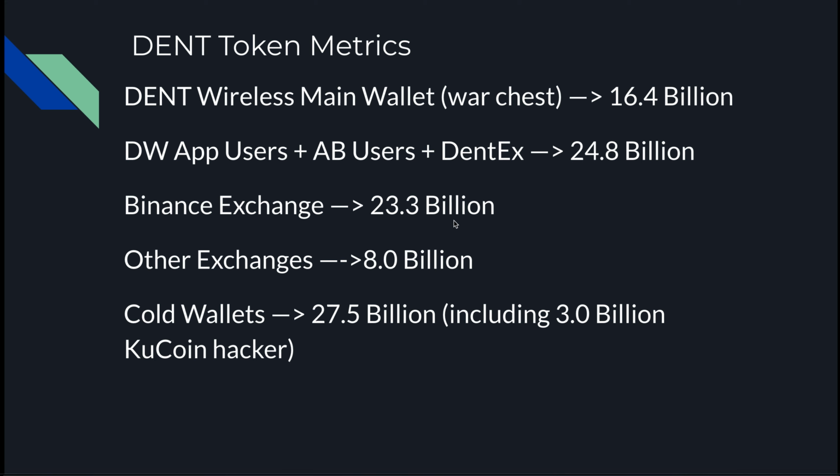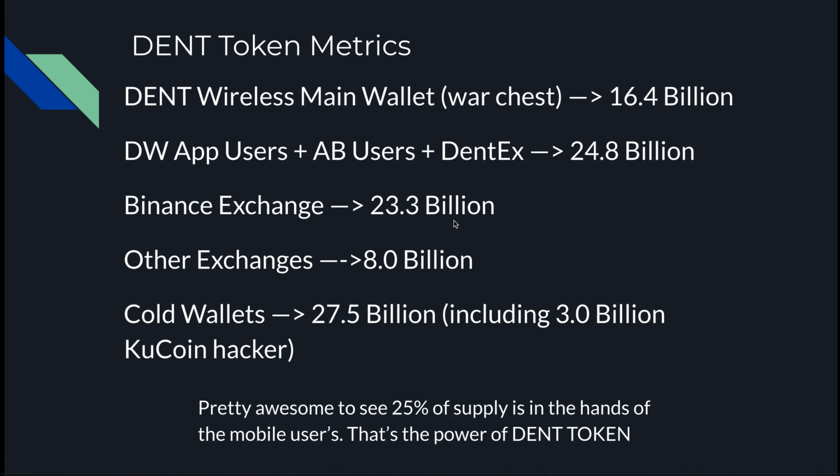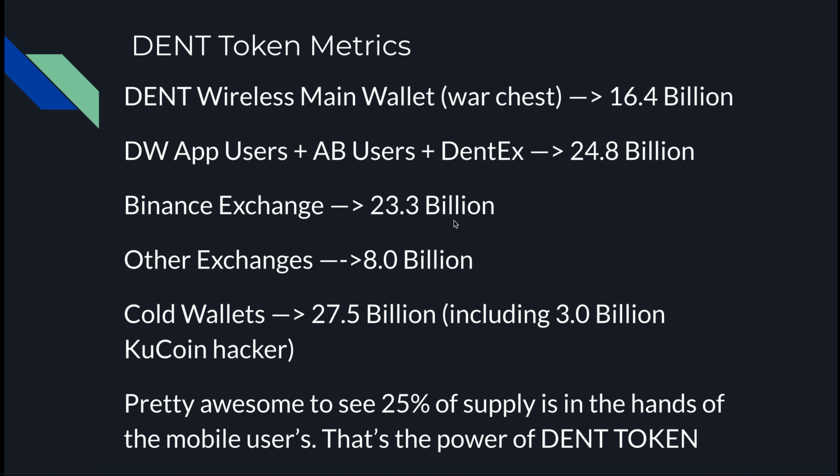We don't know. But the good thing in this metric is we have 25% of the supply in the hands of the mobile users. That's a pretty huge number: 25% of the total 100 billion tokens is actually in the hands of the mobile users.